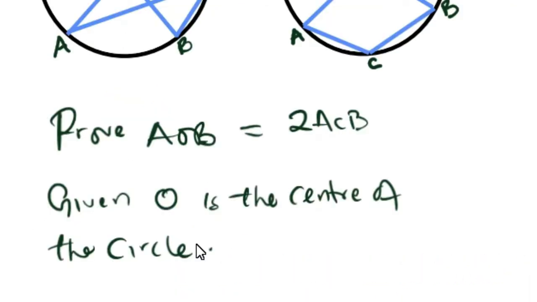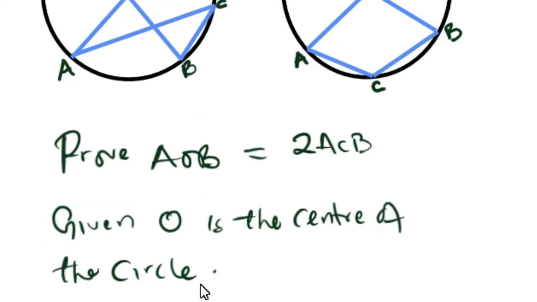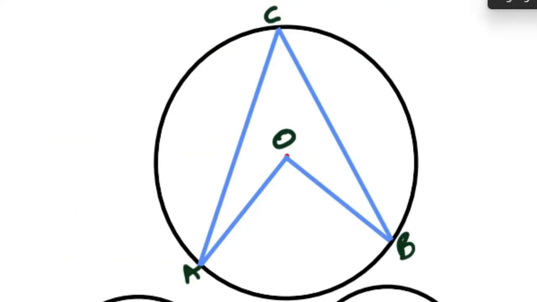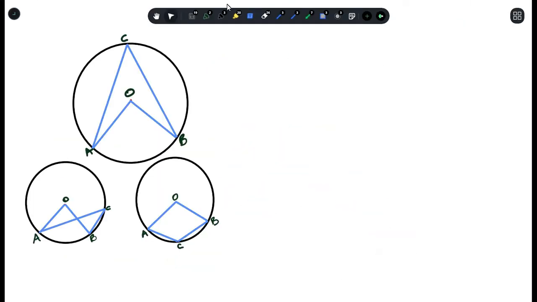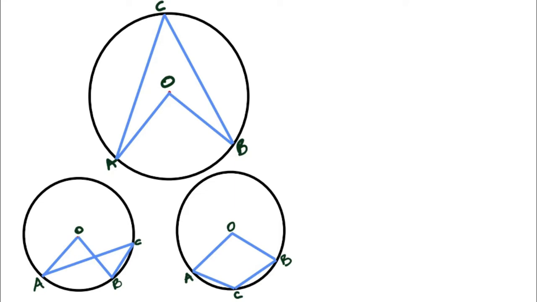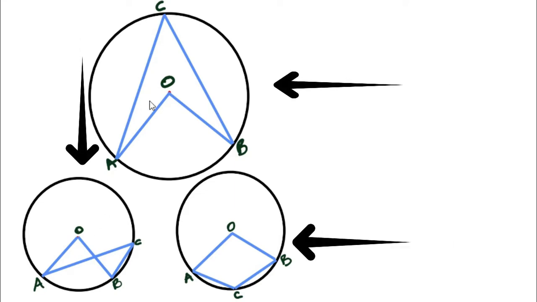So from the statement and the theorem we're trying to prove, AOB is equal to 2ACB, and it is given that O is the center of your circle. So the goal is to prove that the angle at center is equal to twice the size of the angle at the circumference. Now, when you're proving this theorem, one thing you need to always remember is that it could look like any of the three diagrams.